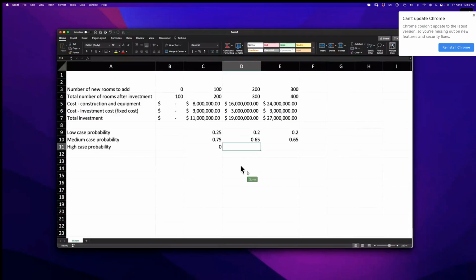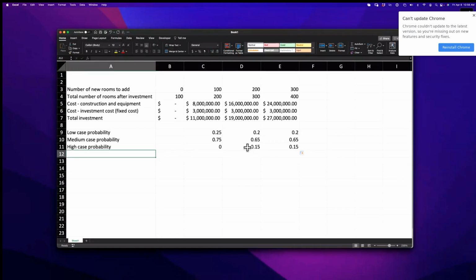Okay, so we can see that 0.2 plus 0.65 is, I guess we can even use Excel to do this calculation. It equals 1.0 minus that one minus that one, and copy that formula to there. Okay, so now the total probability should be 1 for each of those.